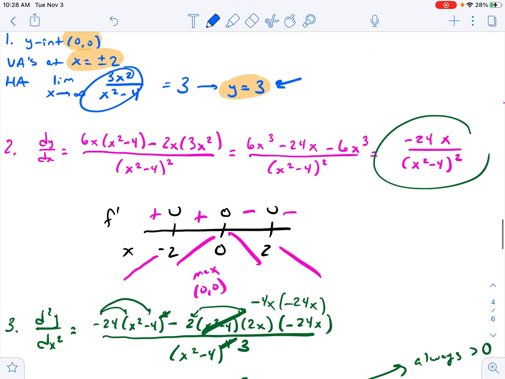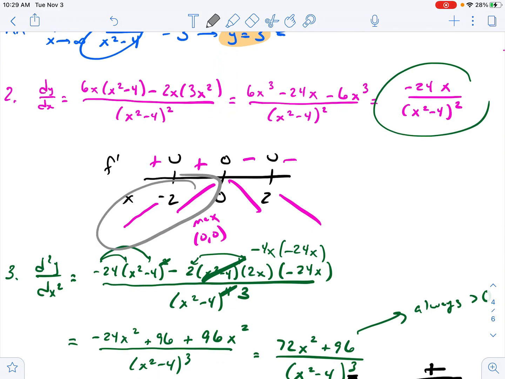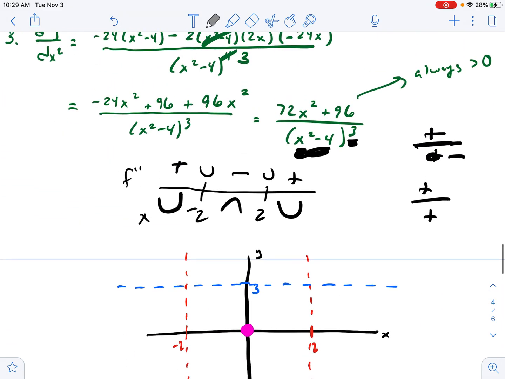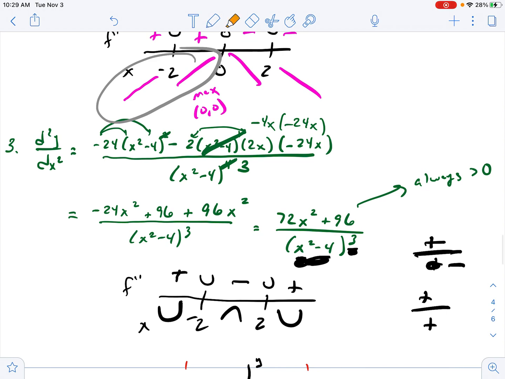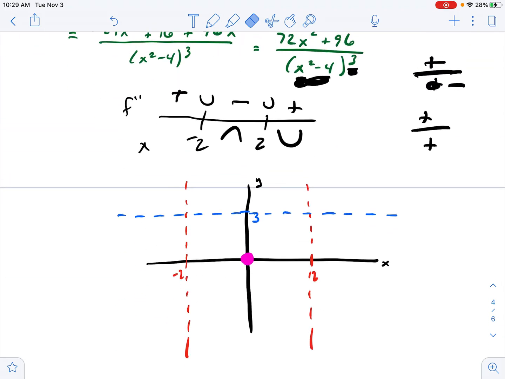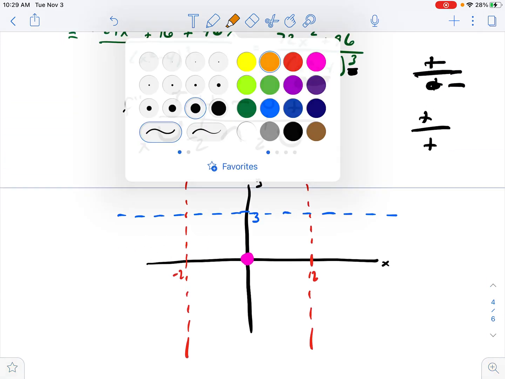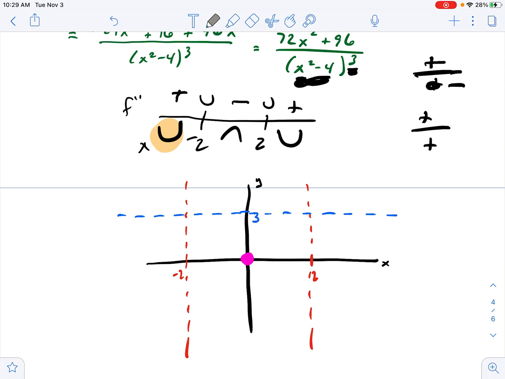Okay? And now let's see if we can determine where we are based on what's going on. So f is increasing to the left of our first asymptote. So let's focus just on this region right here. To the left of negative 2, f is going to be going up and it's concave up.